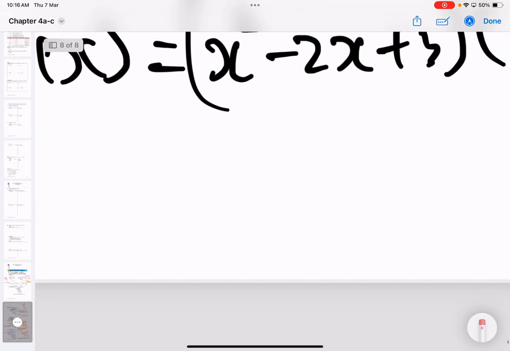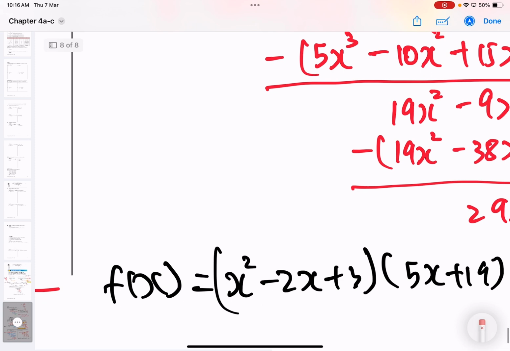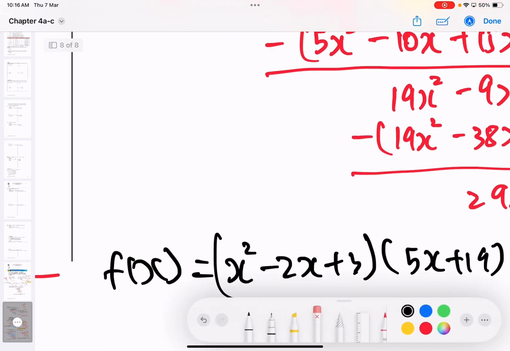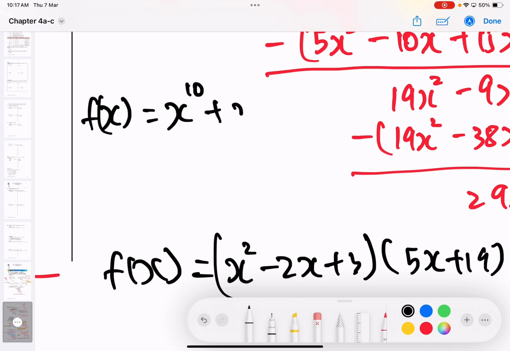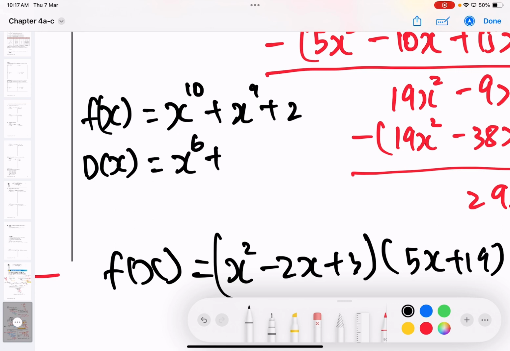If they tell you that f(x) is of degree 10, for example, it could be like x to the power of 10 plus x to the power of 9 plus 2, and it is being divided by a divisor of degree 6, something like x to the power of 6 plus x to the power of 3, where the highest power is 6, and I ask you what degree the remainder will be?